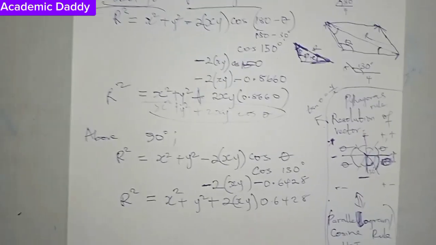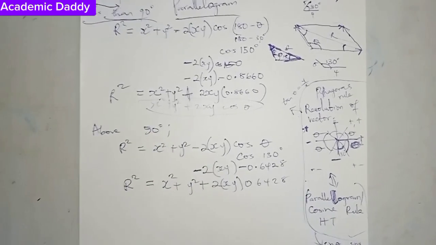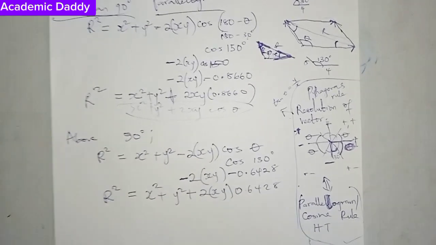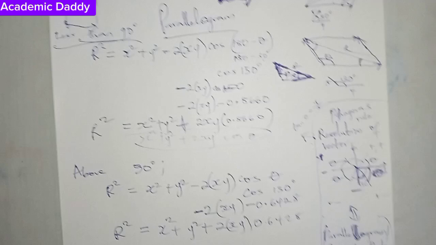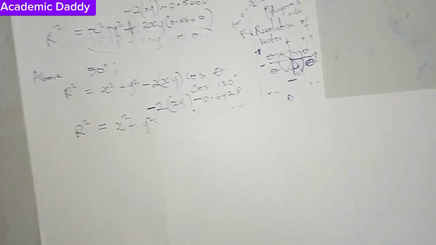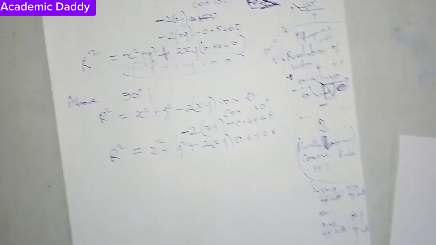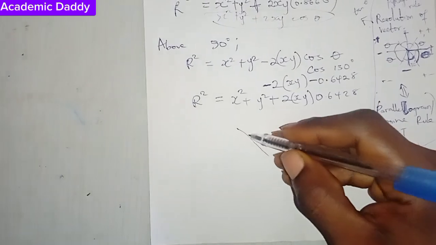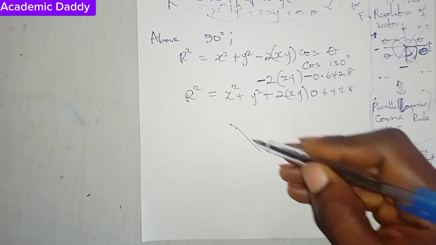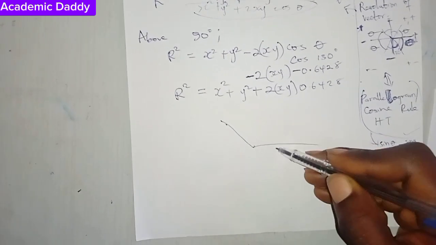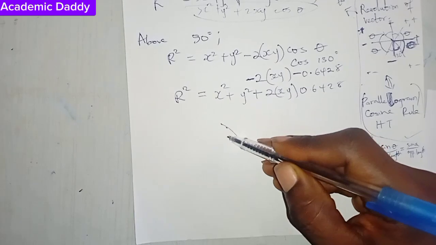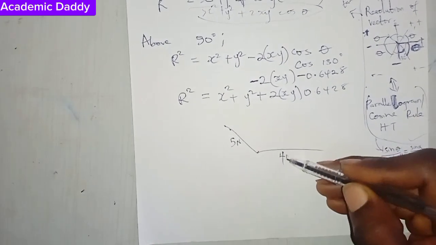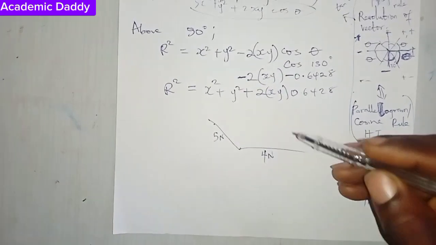So let's try an example. Let's check out this question that we already have. In this question, they gave us a vector having 4 Newton on the x-axis and having 5 Newton.